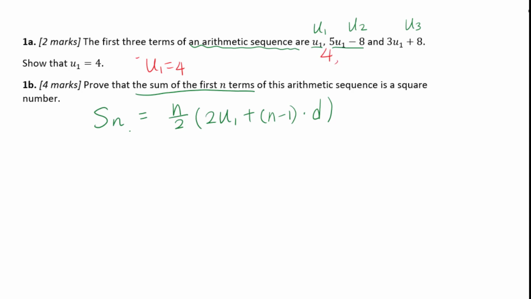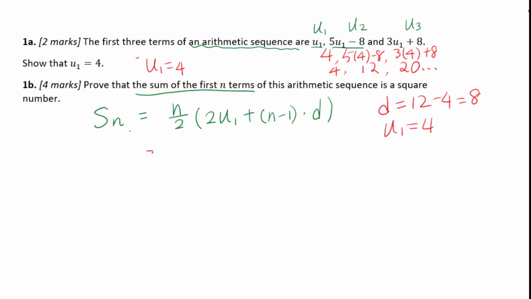Then we plug in 5 times 4 minus 8, and 3 times 4 plus 8: 4, 12, 20. So we know the common difference equals 12 minus 4 equals 8. u sub 1 equals 4.